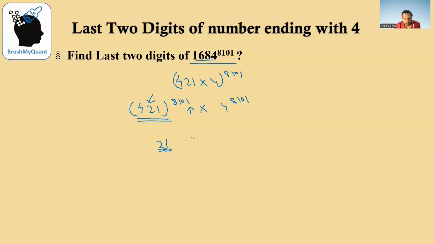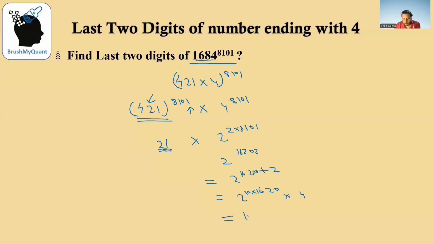Now let's deal with the second part. We can write this as 2 raised to 2 into 8101. This becomes 2 raised to 16202. This can be written as 2 raised to 16200 plus 2. So 2 raised to 10 multiplied by 1620 multiplied by 2 squared, which is 4.